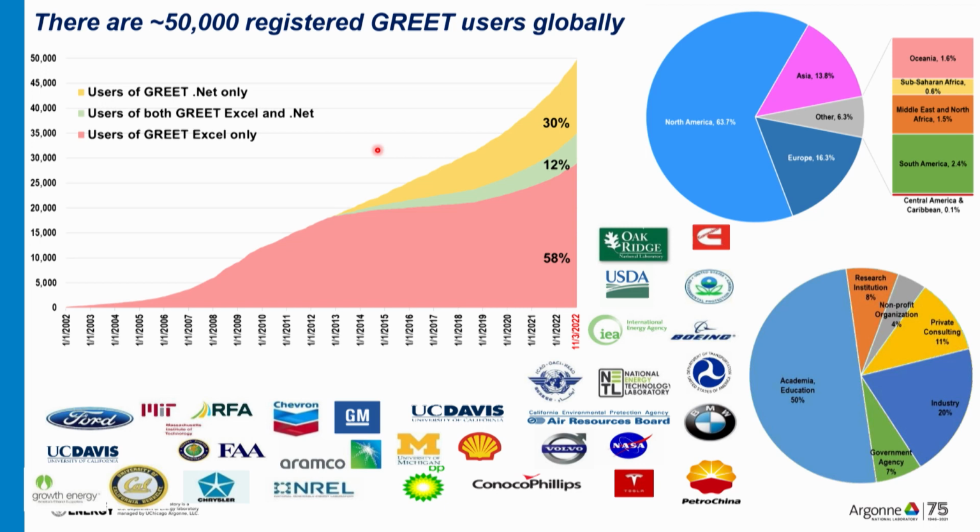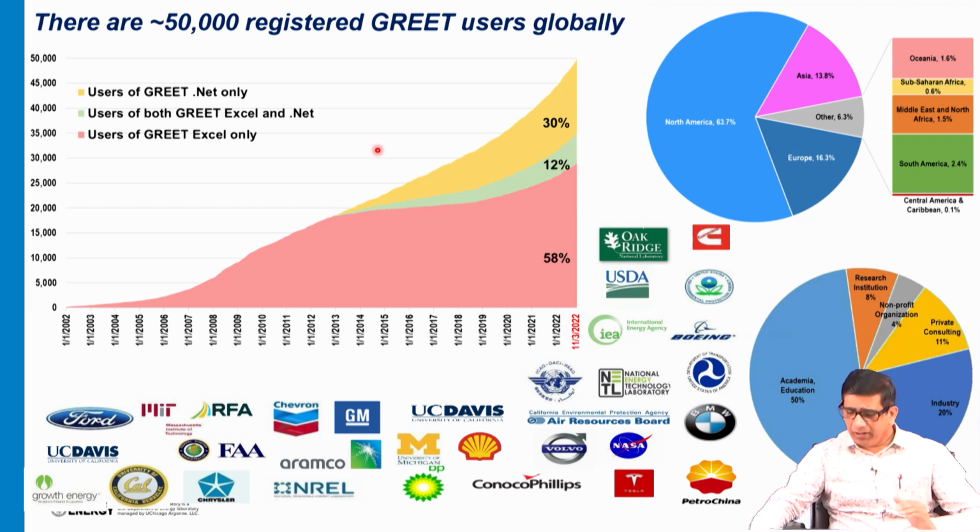Nearly 30% are users of GREET.net only, around 12% use both the GREET Excel and the .net web platform, and there are 58% who use only the Excel, and then they probably use their own data and get it done as well.